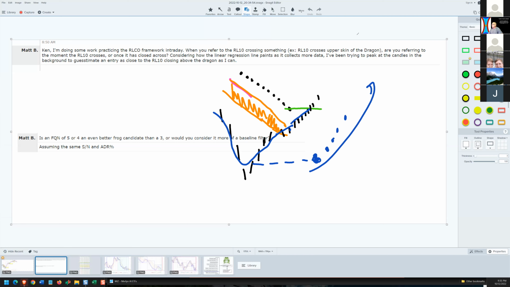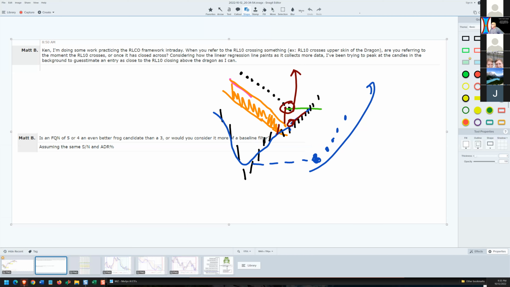But what we've seen is that quite often, somewhere in that area, price action can just shoot up in a hurry, and you get price taken off, and it crushes through the PSAR and leaves the RL10 behind, and you could be 2 or 3 or 4 bars late.